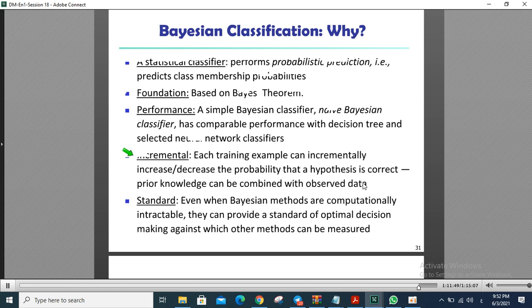What does it mean? It means that during the time, this classifier can learn and update itself. So we can say that its learning process is incremental.